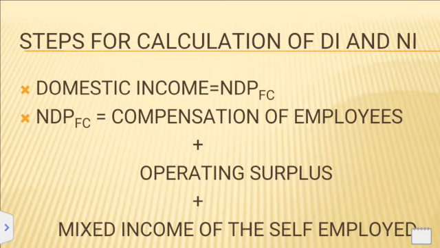If I own land and give it on rent to someone, then my income is rent, whatever income I get from my ownership of the land. If I am rendering my labor, then I get wages or salaries.